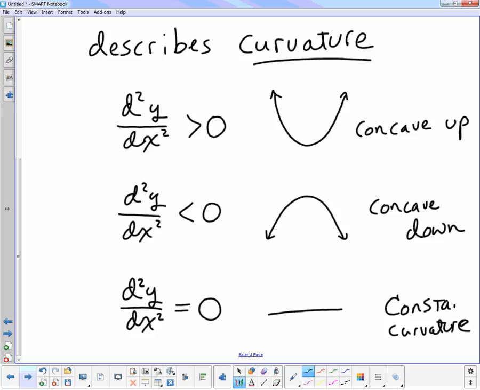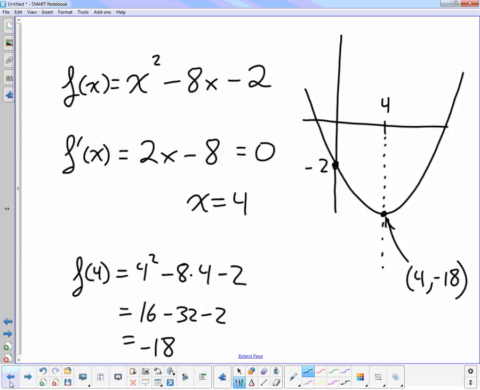Okay. All right, so let's go back to my parabola example of this fellow.